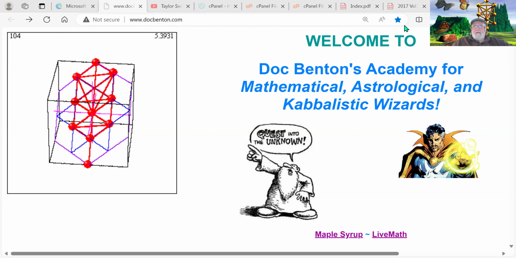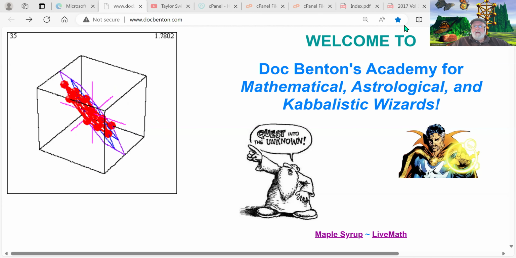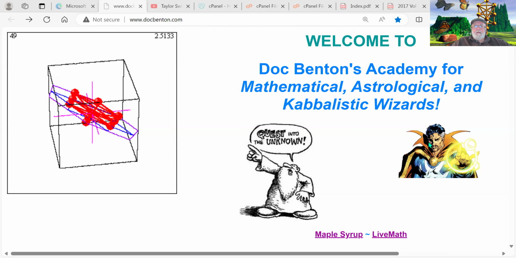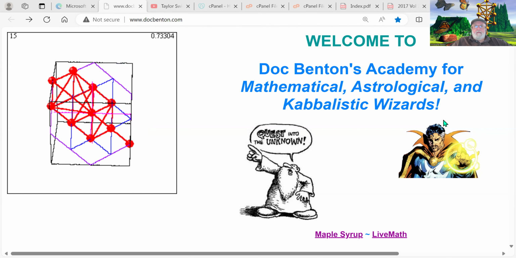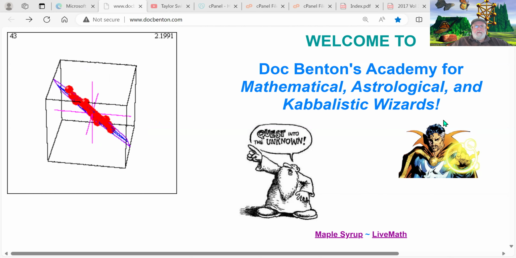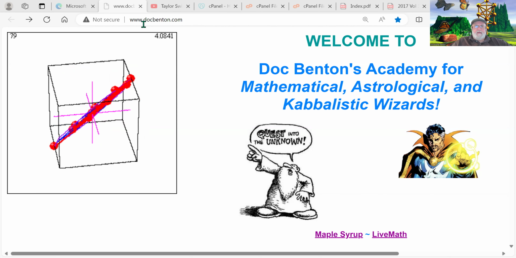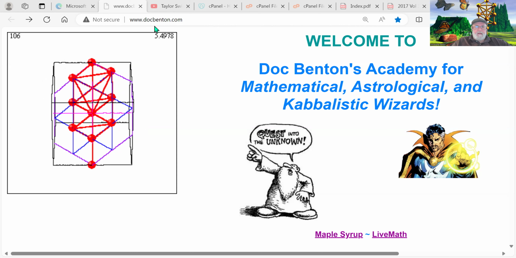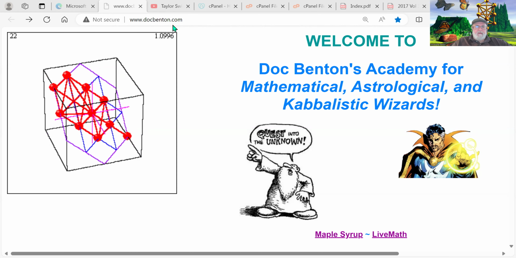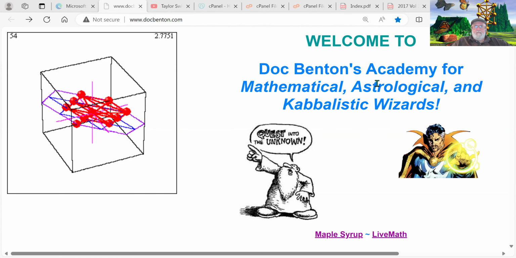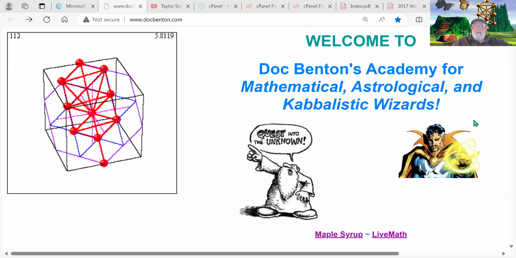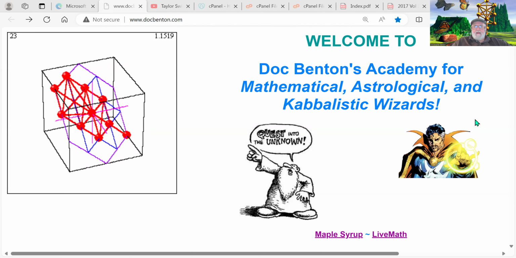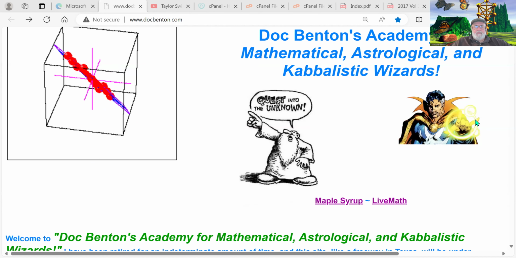I just need to get one or two things out of the way. All right, so this is where you would want to go. This web page is www.docbenton.com, and it's called Doc Benton's Academy for Mathematical, Astrological, and Kabbalistic Wizards.